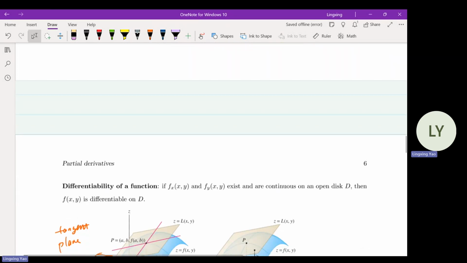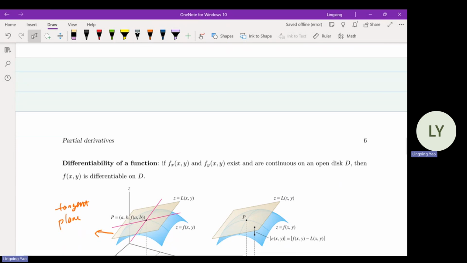So let's look at the geometric interpretation. Well, before we jump there, let me remind everybody, how do we write this linearization? Okay, so this is what I have.